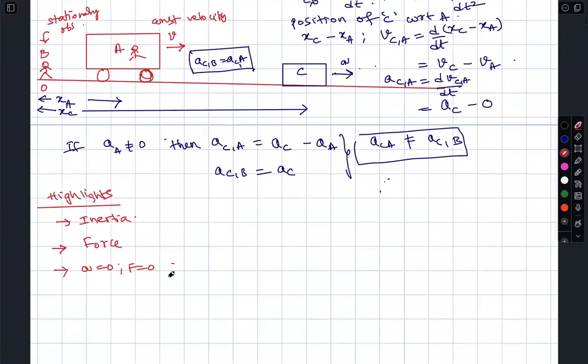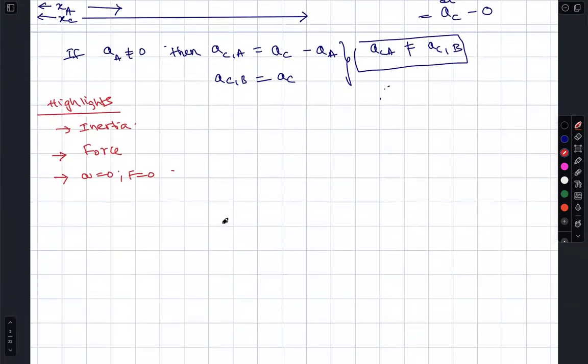Right. Now we will move on to the second law. See, before I move on to the second law, please try to understand. There is a term called momentum. Actually, I should say linear momentum.